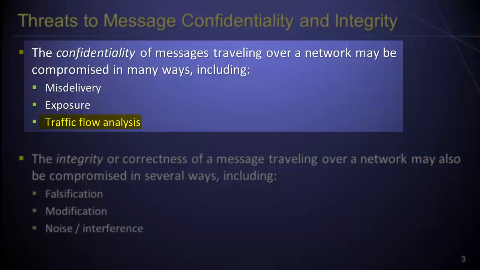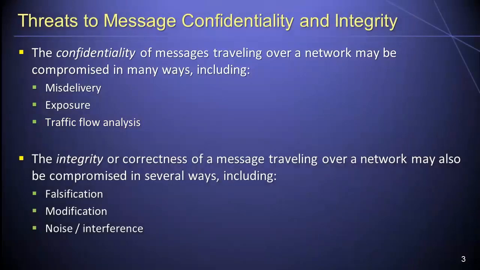Finally, examining network traffic flows reveals who is sending messages to whom. The ability to demonstrate, for example, that a suspected spy has been communicating with a foreign government might be of great value, even if the contents of the message cannot be read.